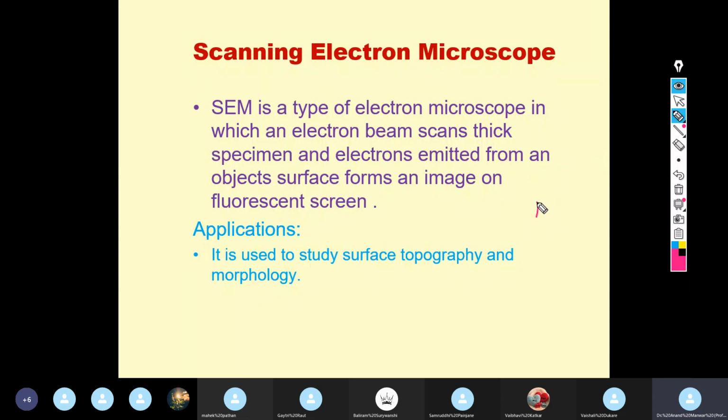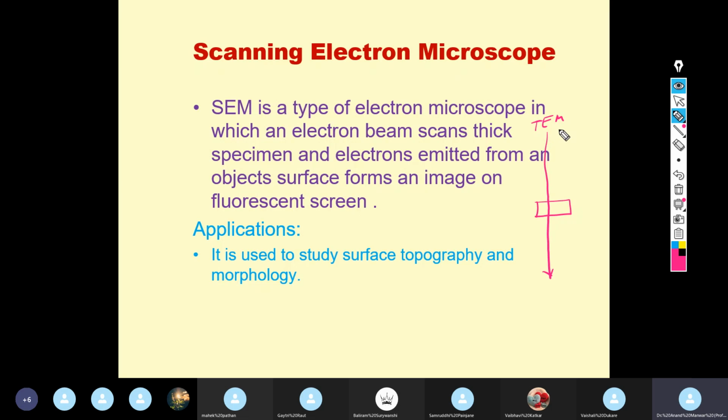suppose this is a specimen sample, okay? In case of transmission electron microscopy, TEM, the electron beam that is coming will be transmitted through the specimen sample.